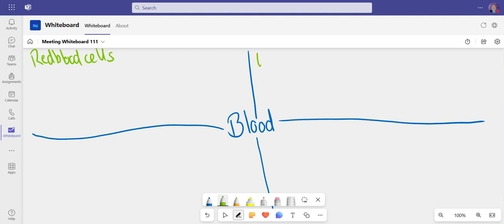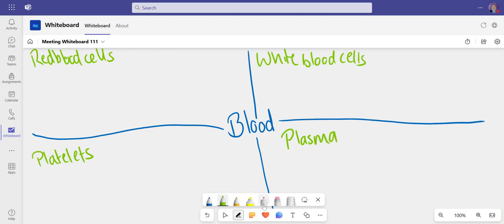The second one is white blood cells. Next one is platelets. And finally, plasma. So if you learn nothing else, learn those 4 headings.